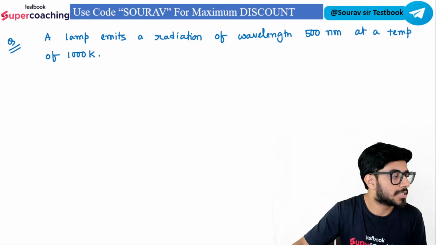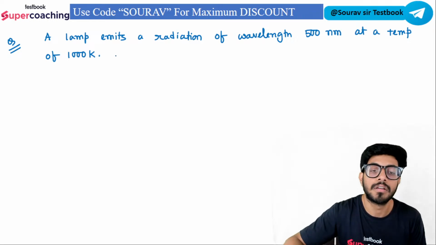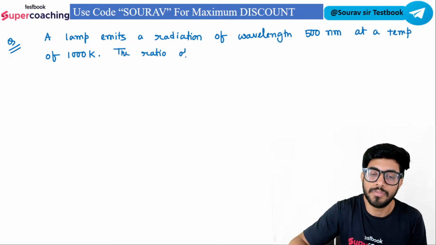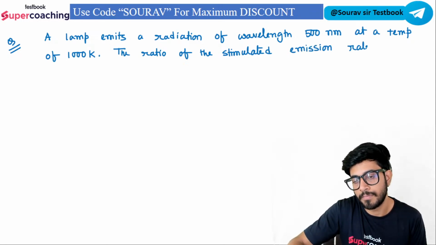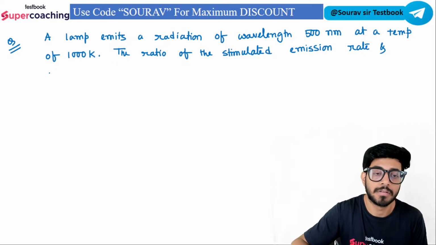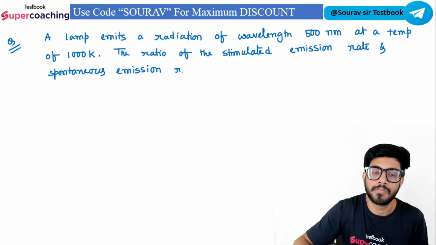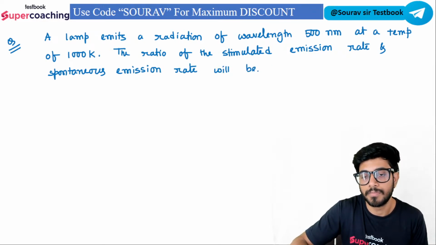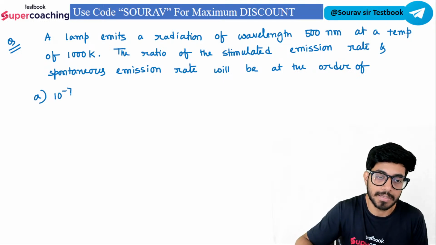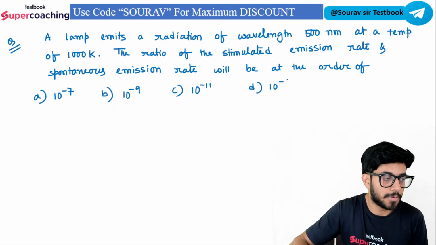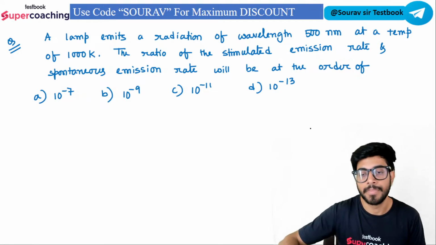The ratio of the stimulated emission rate and spontaneous emission rate will be of the order of: option A says 10 to the power of -7, 10 to the power of -9, 10 to the power of -11, 10 to the power of -13. This is a TIFR question.